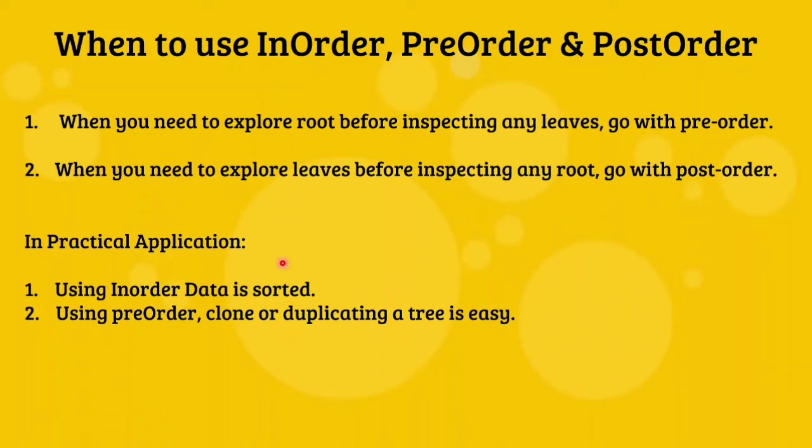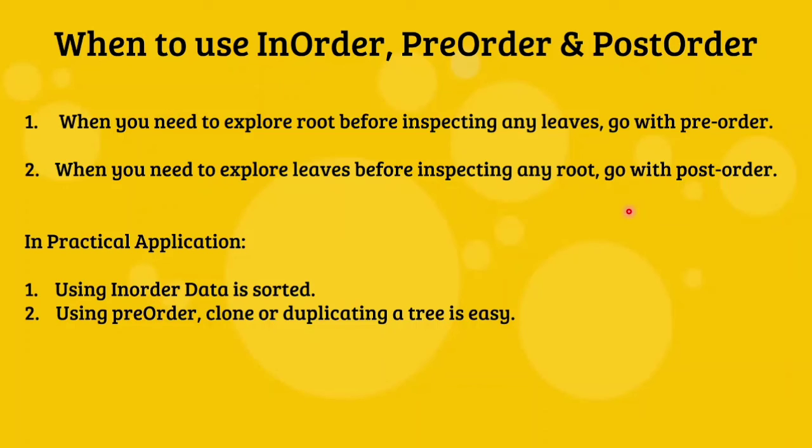When we need to explore the root before inspecting any leaves, go with pre-order. As the name suggests, pre-order means the root node will come first, then left, right. And when we need to explore leaves before inspecting any root, at that time go with post-order.